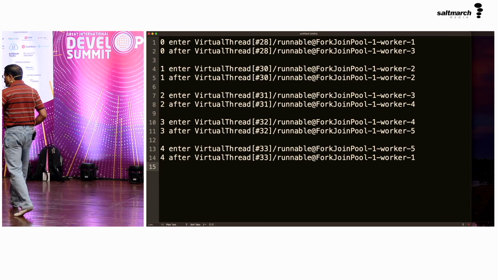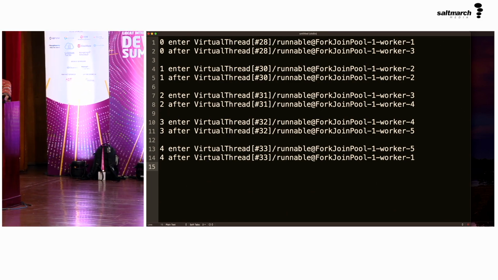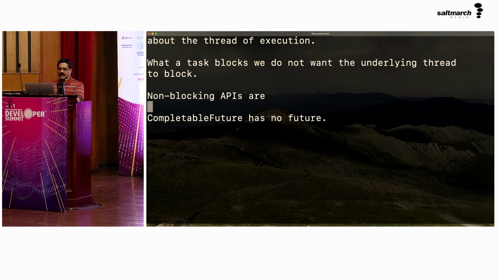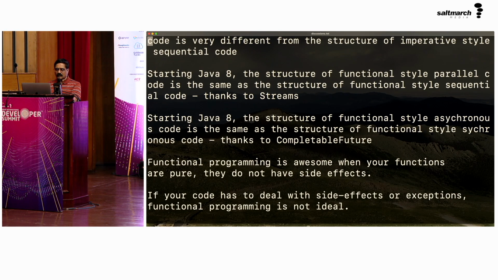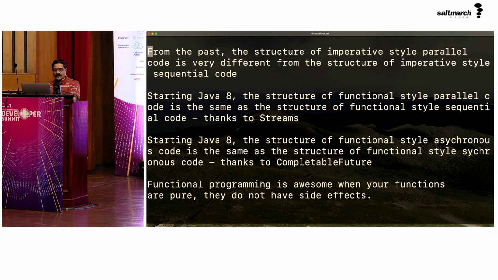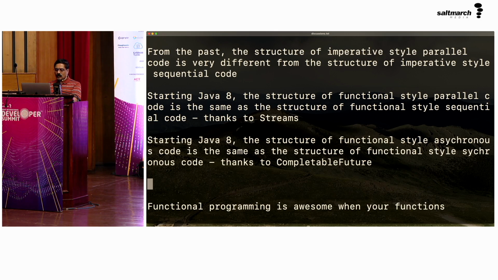So to summarize this, I want you to think about what the consequence of this is. Going back to this, let's jot it down. Remember that story, right? We talked about the past, what Java 8 did and what Java 8 did with CompletableFuture.